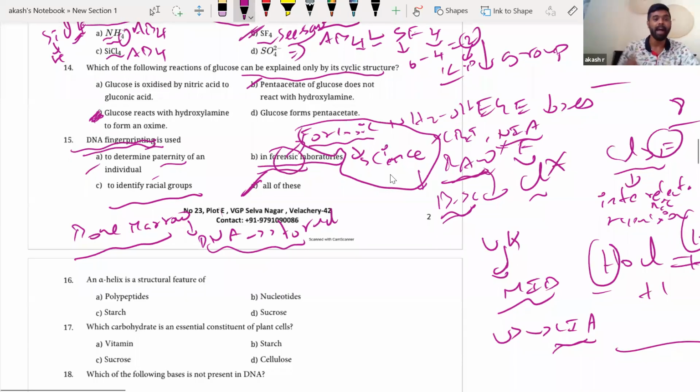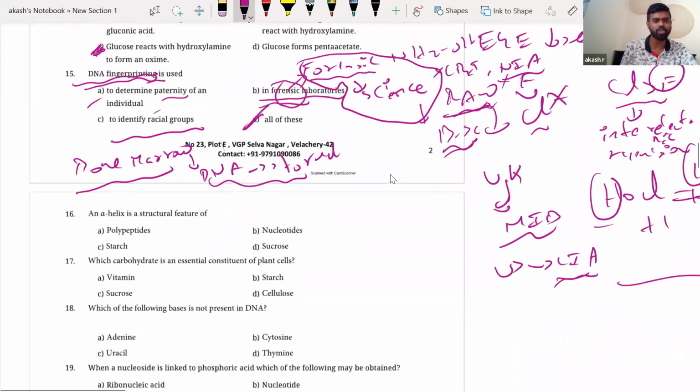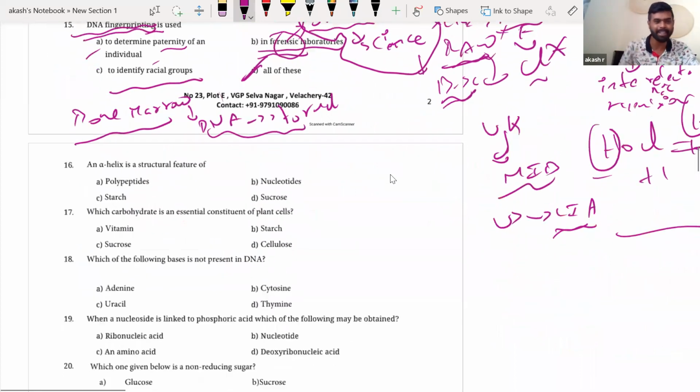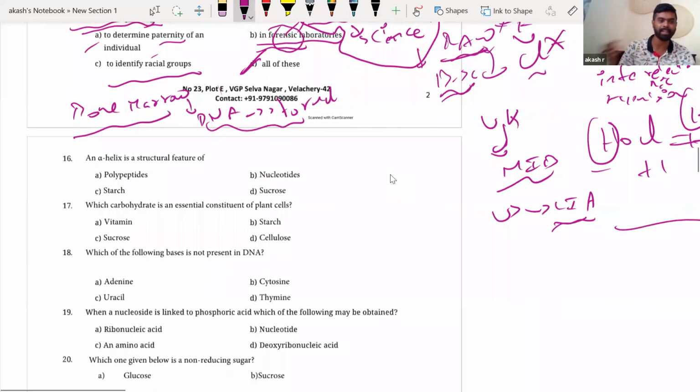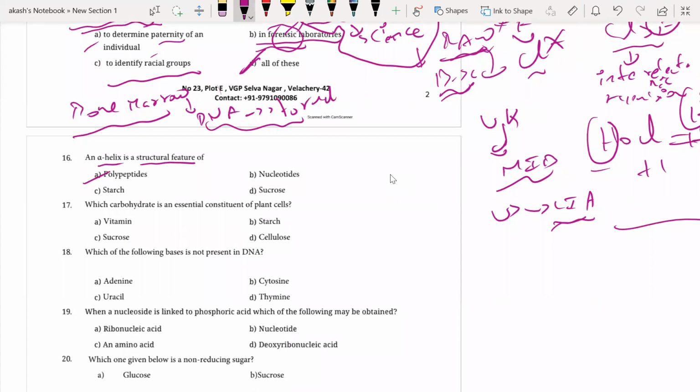Next, an alpha helix is a structural feature of polypeptides. Yes, we know alpha helix and beta pleated sheets all come under the secondary structure of proteins or polypeptides. Quickly tell me, what is the difference between a polypeptide and a protein?